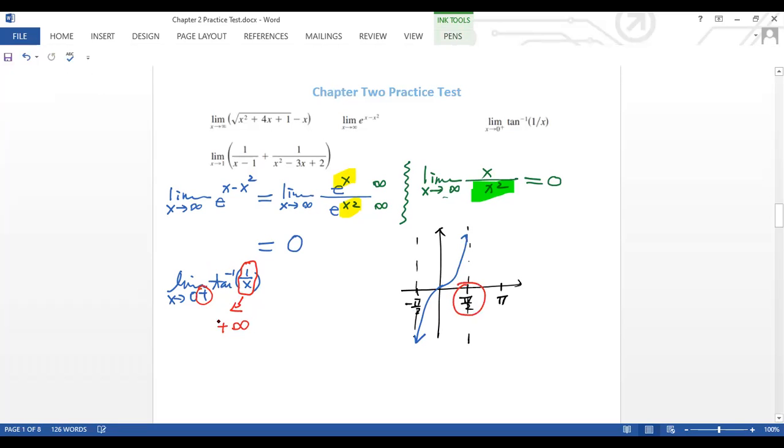This angle, right? So I know that this answer is going to approach pi over 2 here, because x approaches 0 from the right-hand side. So that's why it's a positive infinity. So that's why this leg approaches the angle pi over 2 here. This is very, very important, right?